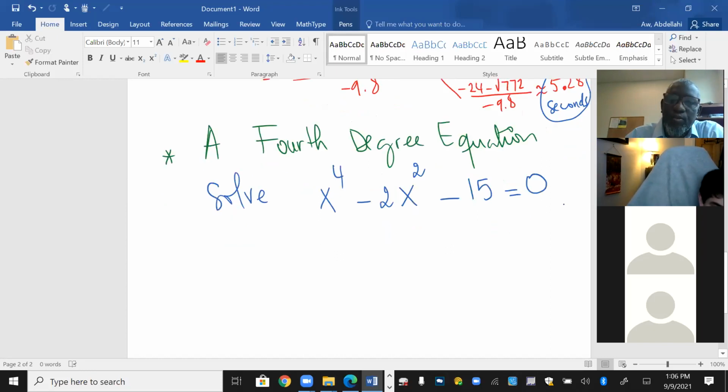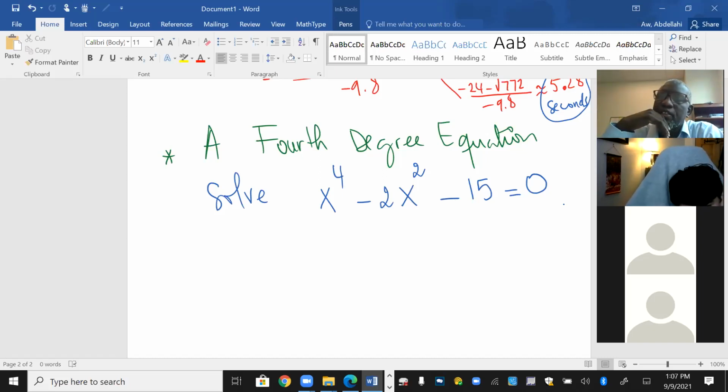Okay, so far we haven't seen an equation where you have a degree 4, like power 4 in it, okay? So in general, we don't know so much how to deal with this type of equation. But what makes this one particular is that we have x to the fourth and we have x squared, right?